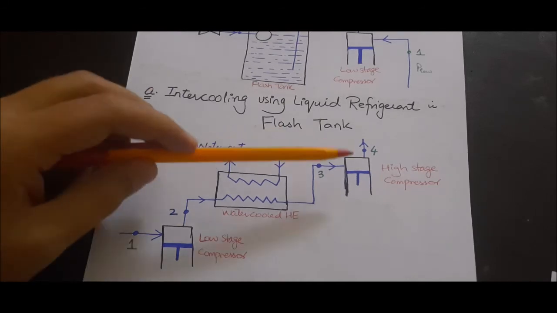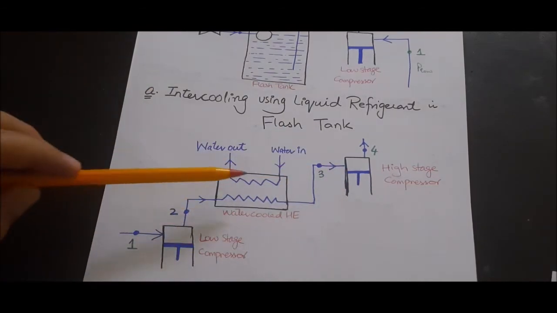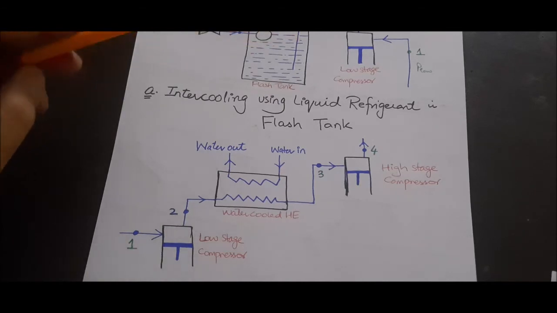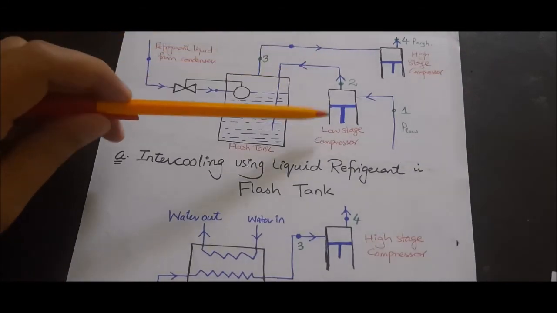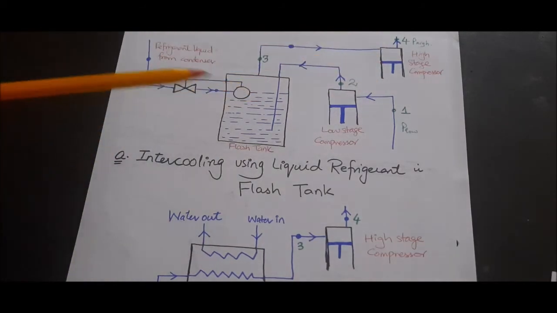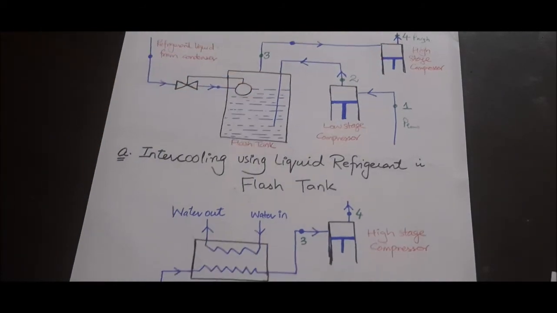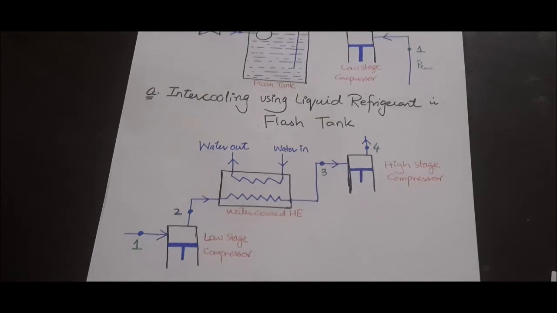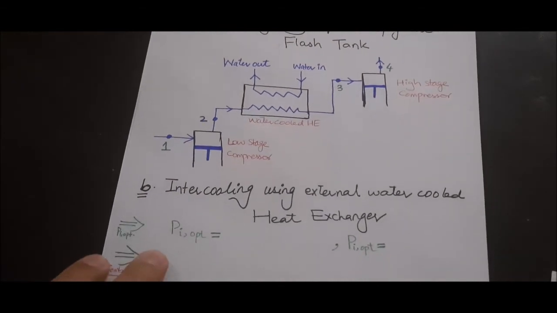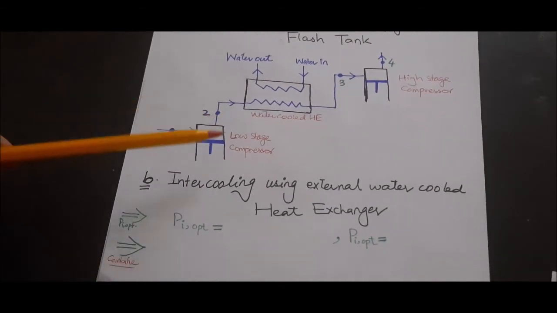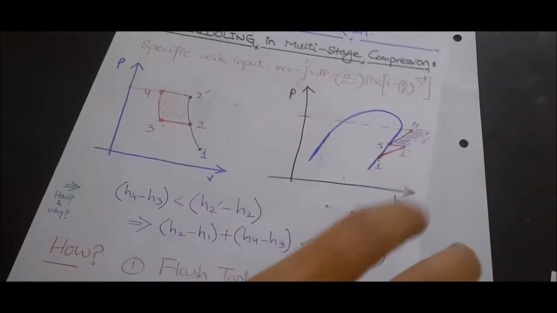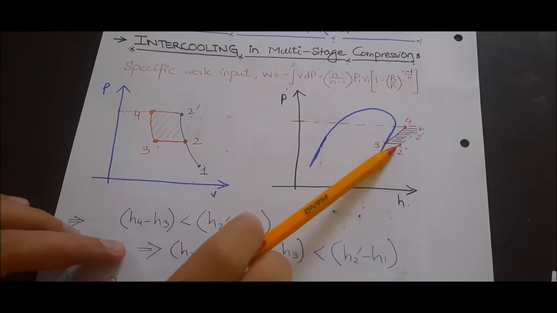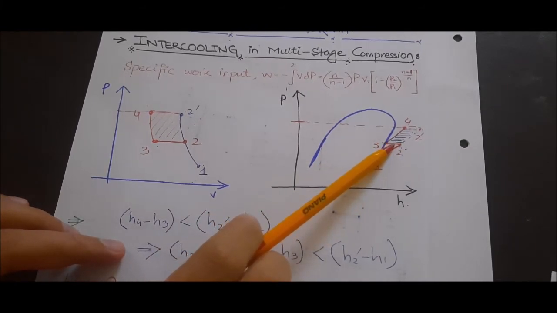As you can see, again there are two compressors and there is an intercooling between them. In the upper case, where we use a flash tank, we have already mentioned that between the two compressors there is an intercooling process taking place. Now the point is at what pressure, because you can see here, up to which pressure can we actually perform the first compression.